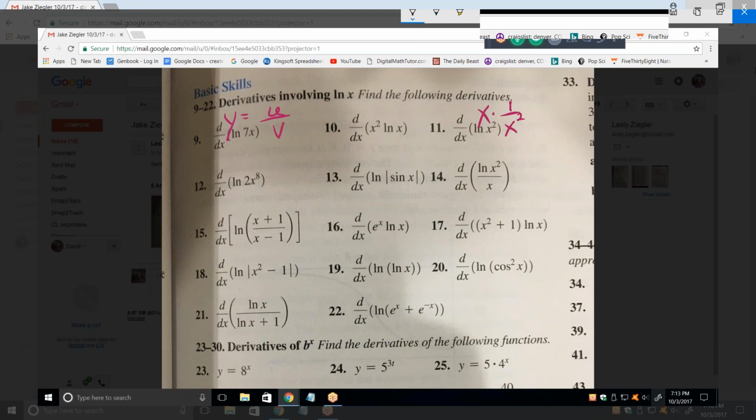Okay? And y prime is start with the bottom times the derivative of the top. That's what we're doing here. Only we haven't applied the chain rule to the derivative of the top yet, because all we did is take the derivative of the outside to get 1 over x squared. Have to multiply that by the derivative of the inside, which is 2x.